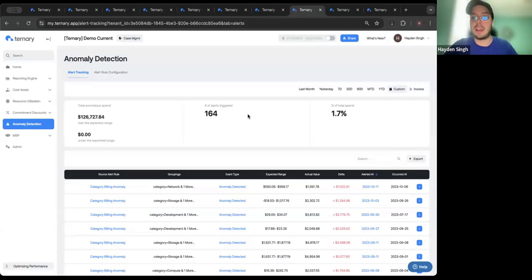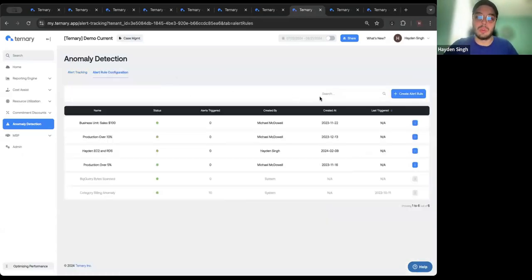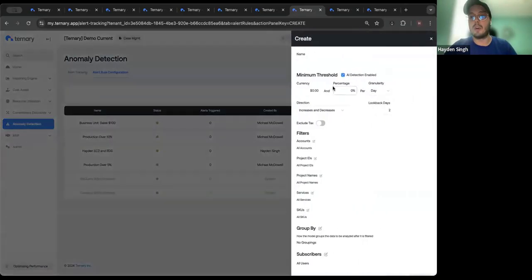And are there any glaring changes that we've seen that we want to alert you on based on that historical spending pattern? Now, if there is a specific alert rule that you'd like to create, you can tune this a bit. So if you want to say, hey, we want to make sure and keep track of a certain subscription or a specific account or even a specific environment.